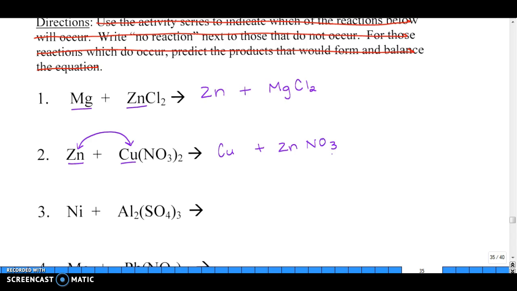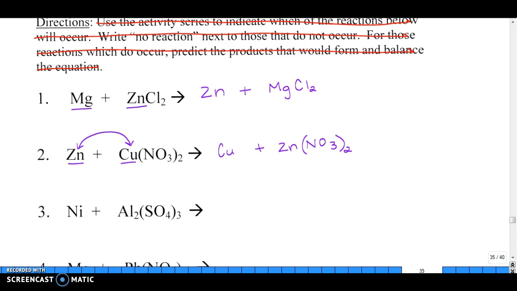But again, we have to make sure we balance the charges because we're writing the formula of an ionic compound. Zinc always gets a positive 2 charge, nitrate gets a negative 1. So we must make sure that we put parentheses and a subscript of 2 around our nitrate ion so that we can show that the formula has a charge of 0.